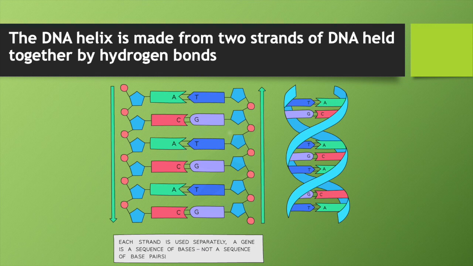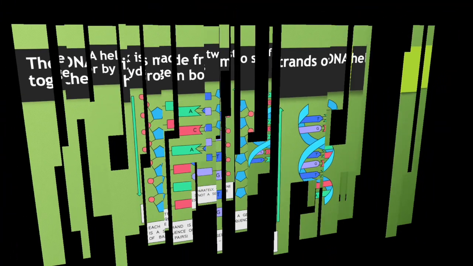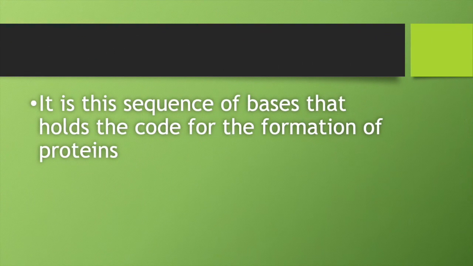Each strand is used separately. A gene is a sequence of bases, not a sequence of base pairs. It is this sequence of bases that holds the code for the formation of proteins.